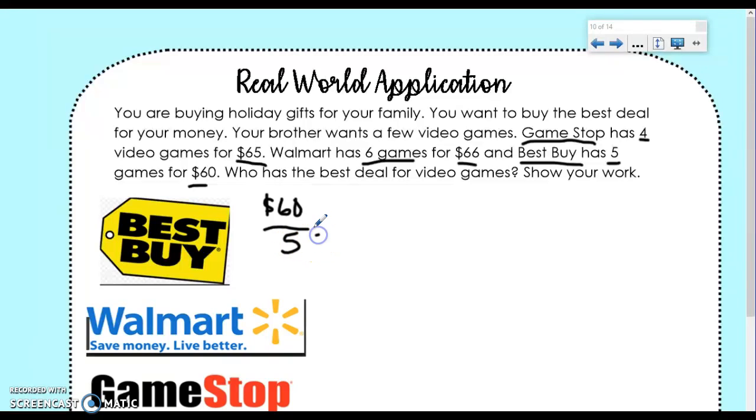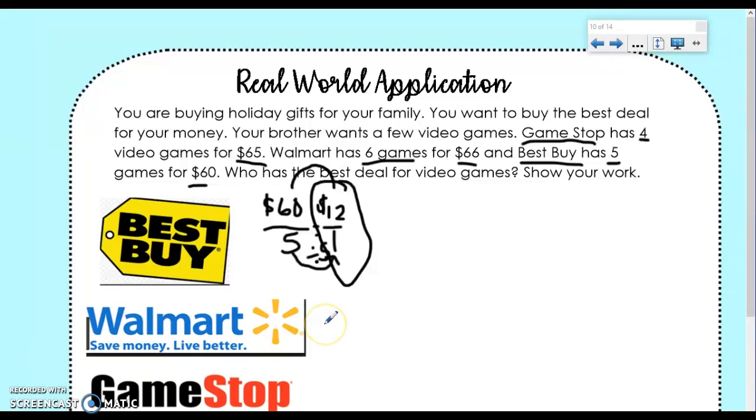Now I need to figure out how much one game costs. So to get from 5 to 1, I divide by 5. I know 60 divided by 5 up top would be 12. What does that mean? It is $12 per video game at Best Buy. All right, so I'm going to circle my work so I know that.